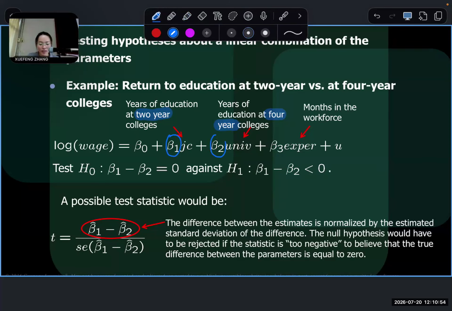We want to see their difference, okay? So here our null hypothesis H0 becomes beta 1 minus beta 2 equals 0. If this is true, that means 2 years of education equals 4 years of education, right? And our alternative hypothesis is beta 1 minus beta 2 less than 0.